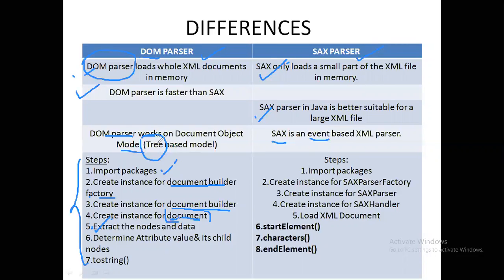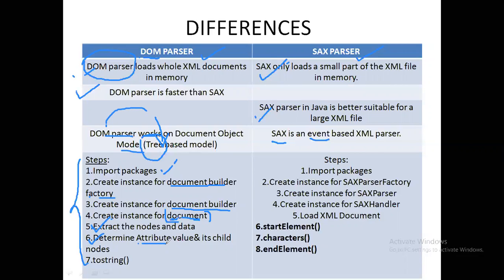As I said earlier, DOM parser follows the tree data structure. So all the XML elements are treated as a node. For that, we have to define the code for extracting the nodes and data. Next, we have to determine the attribute value. We know very well what is meant by attributes.